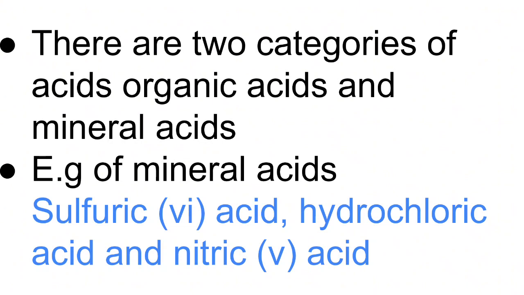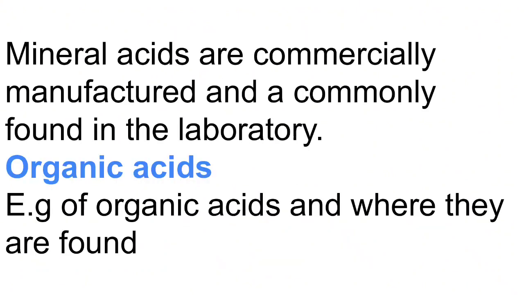Those are mineral acids. Like I've just said, mineral acids are commercially manufactured and they are commonly found in the laboratory. Then also organic acids are found in the laboratory, some of them, but we can have some which can be found in some types of foods we consume.